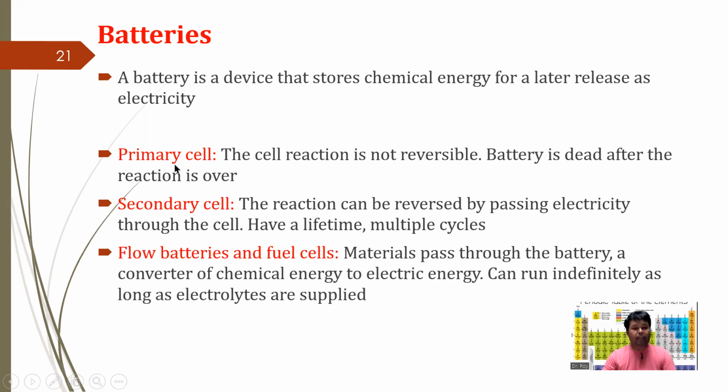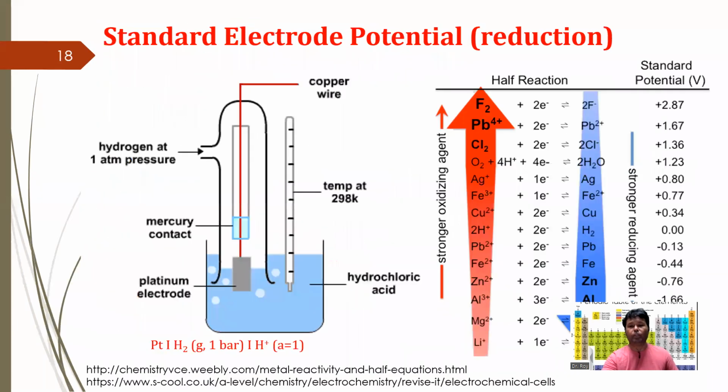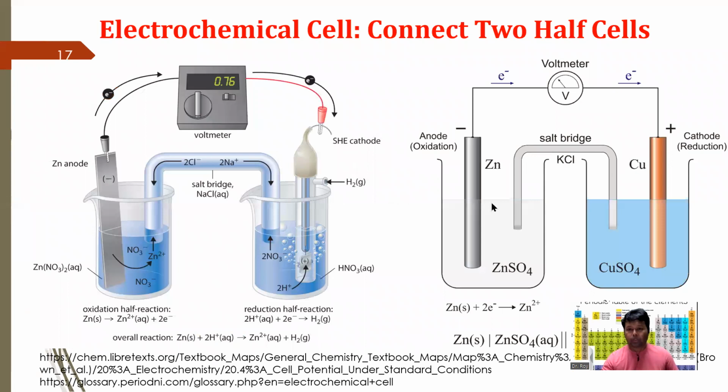So in the case of a primary cell, it works as long as it has electrolyte or electrode. As I mentioned in one of the previous examples, here you can see, for this type of cell, the zinc electrode is decomposing with time.